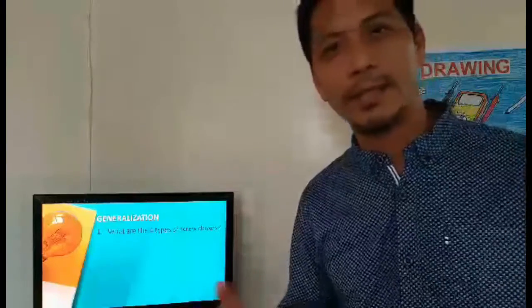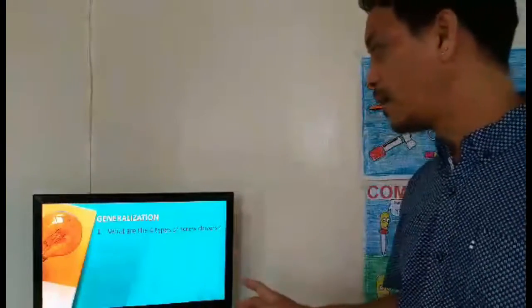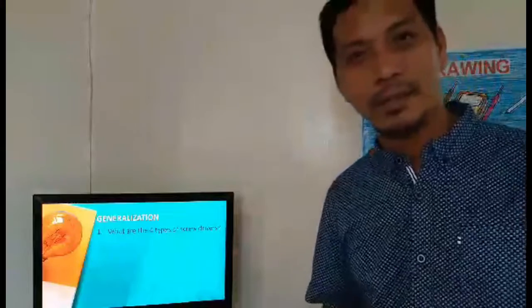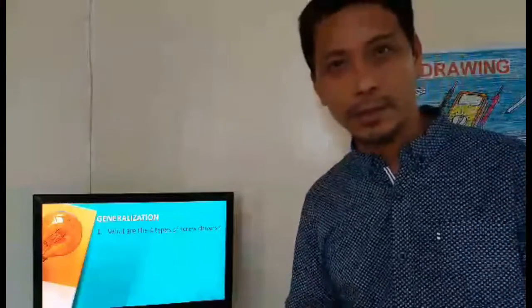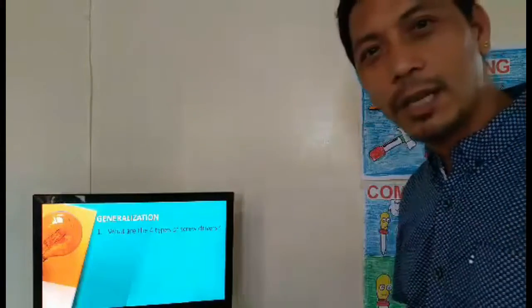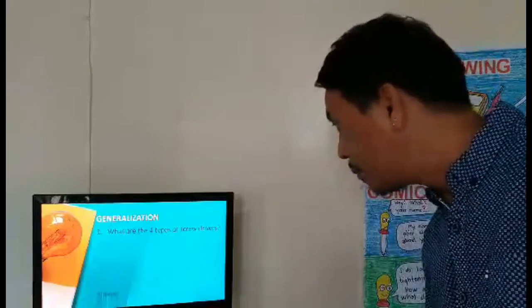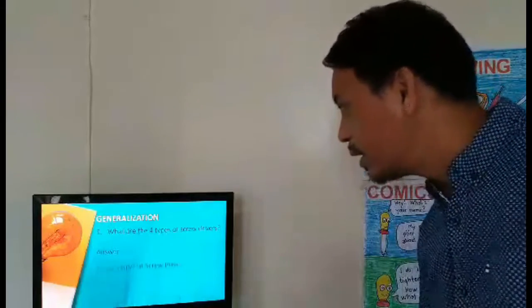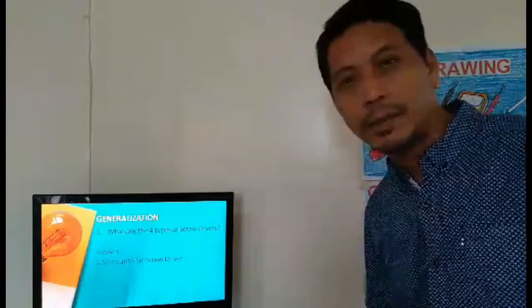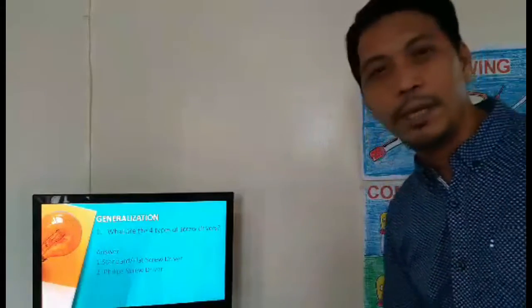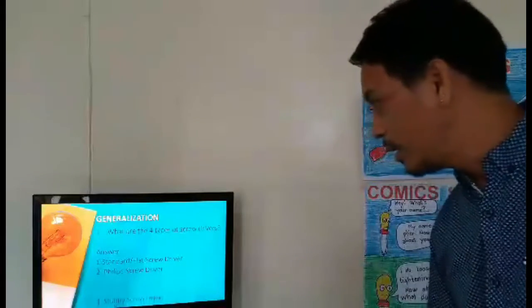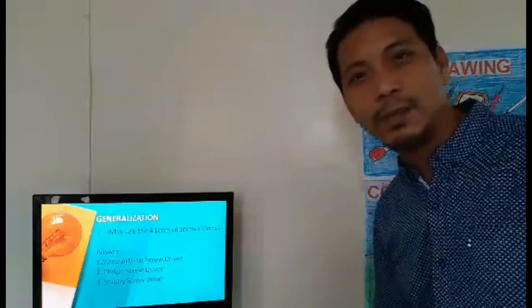For our review class, what are the 4 types of screwdrivers? Very good. The 4 types of screwdrivers are: number 1 is standard flat screwdriver. Number 2 is Phillips screwdriver. Number 3 is stubby screwdriver.